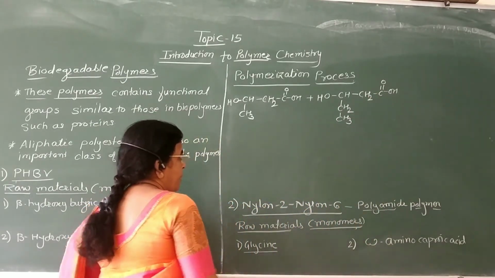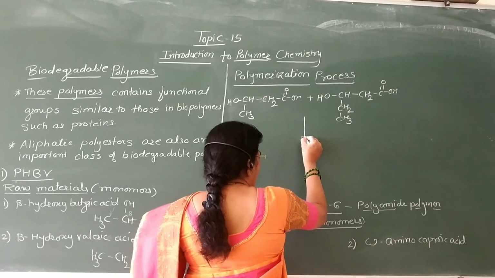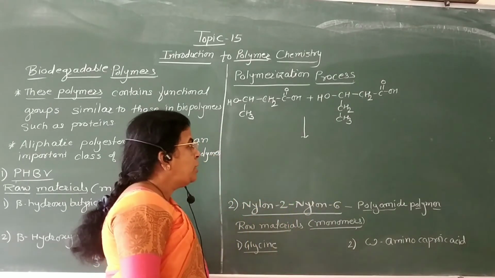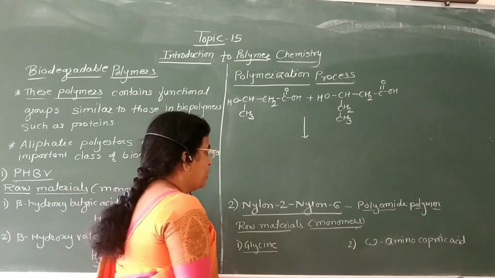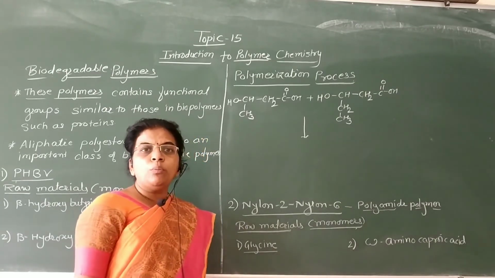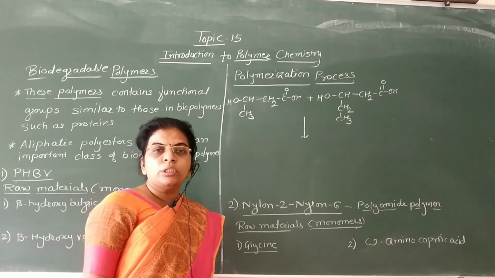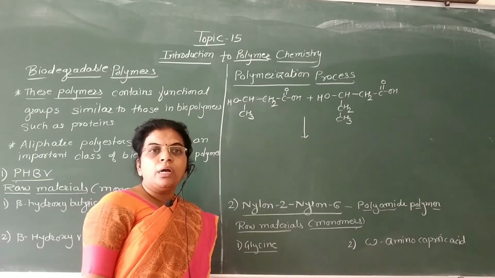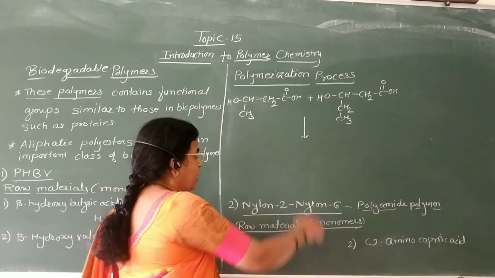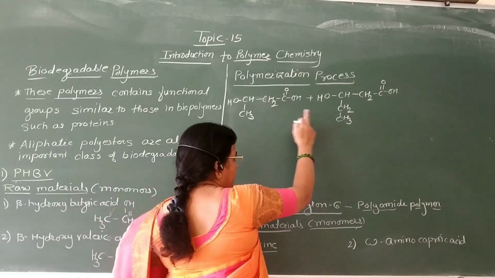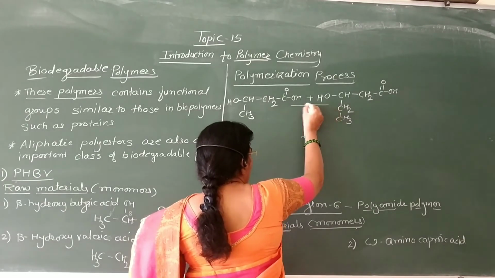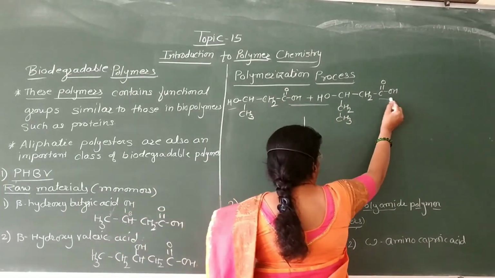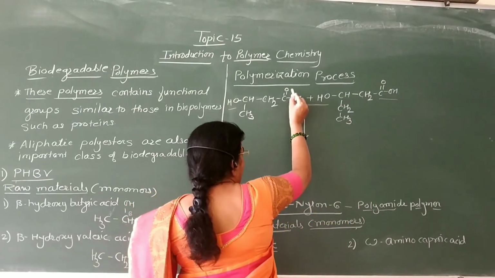These two beta hydroxy carboxylic acids undergo condensation. The hydroxy group of one beta hydroxy carboxylic acid reacts with the carboxylic group of the second beta hydroxy carboxylic acid. This is the first beta hydroxy carboxylic acid and this is the second. The reaction between this group and this group is carried out, and a mole of H2O is removed like this.